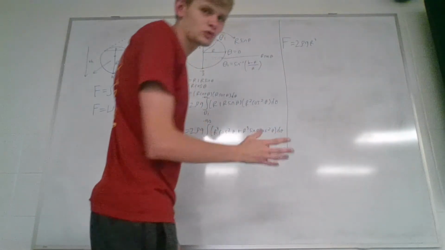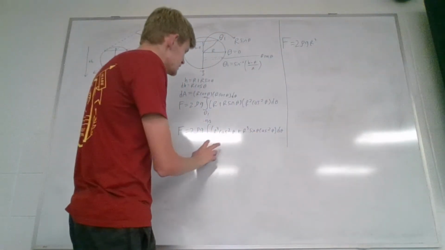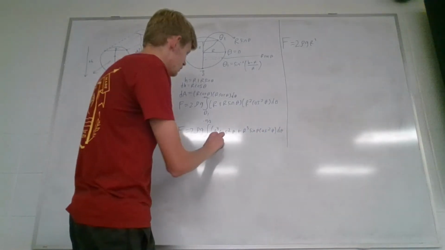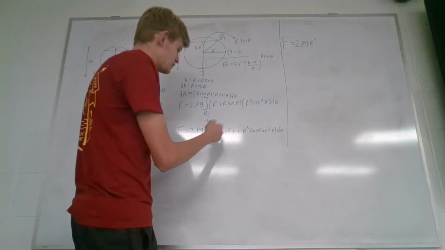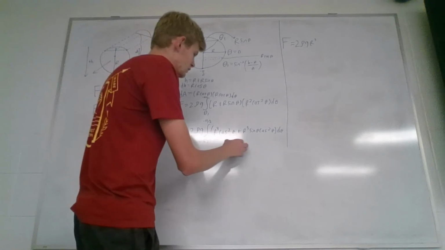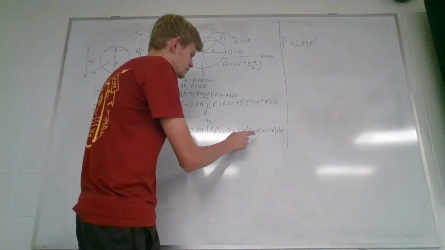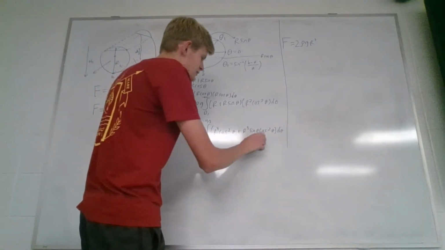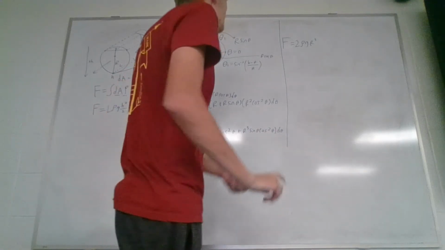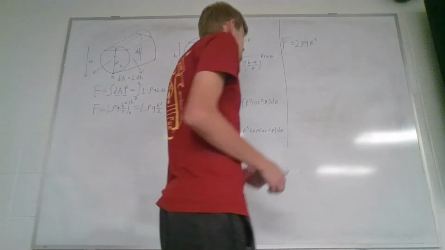And since it's just normal integral rules, we can take two integrals, one of our cosine squared theta plus the integral of our sine theta cosine squared theta, both to d theta.